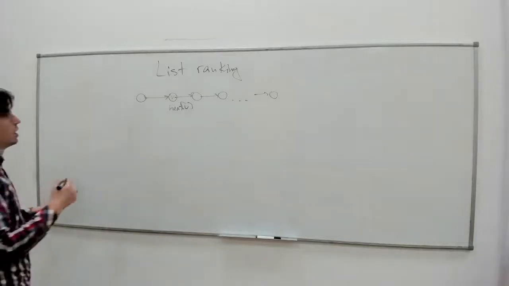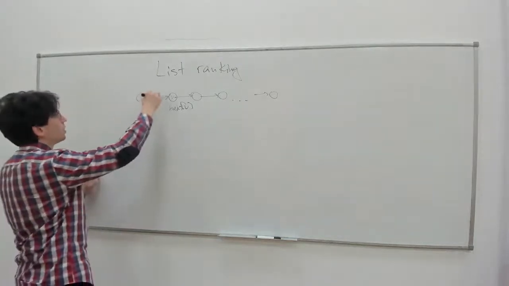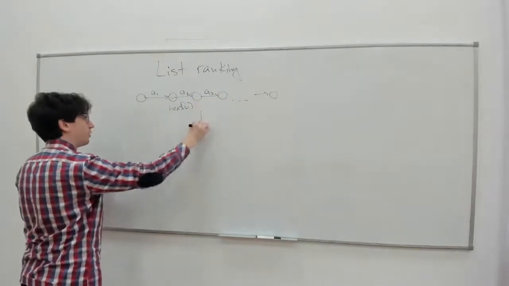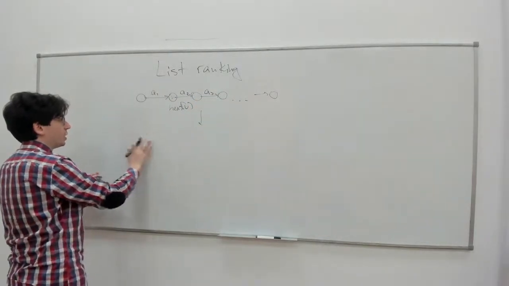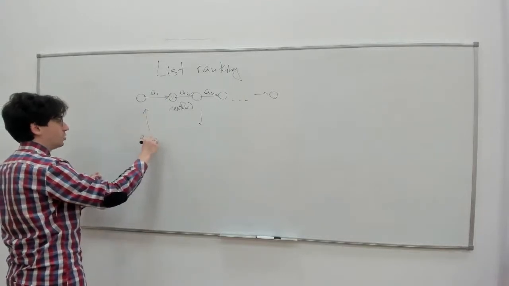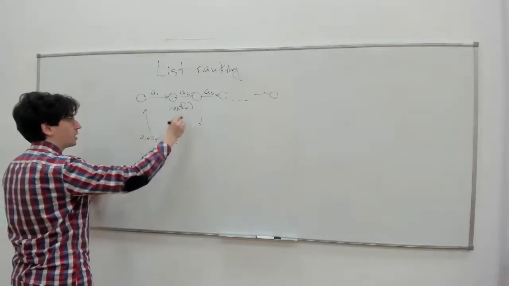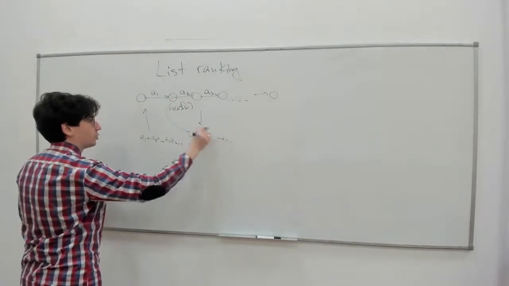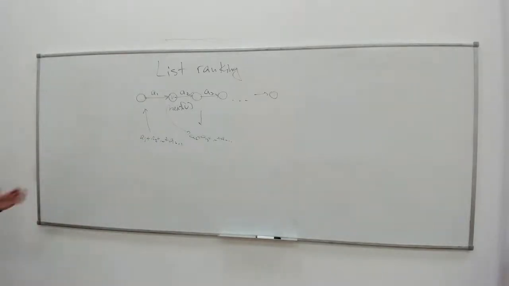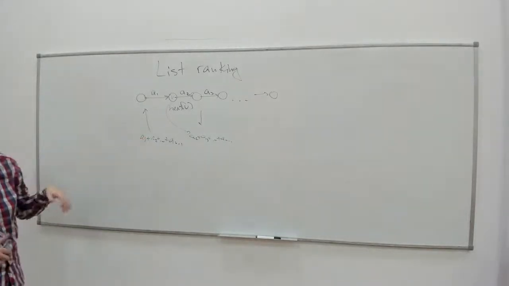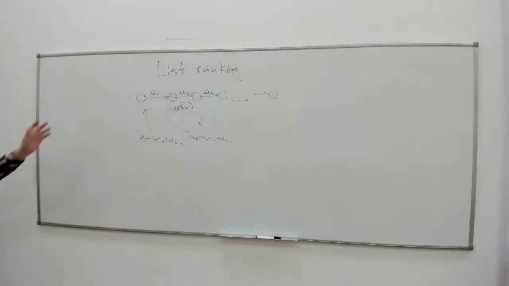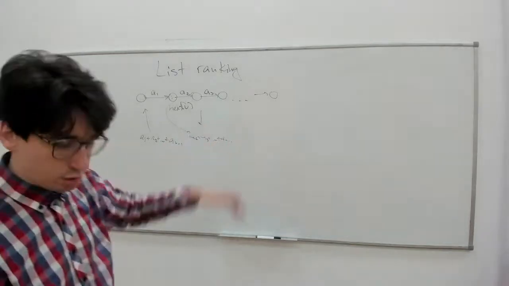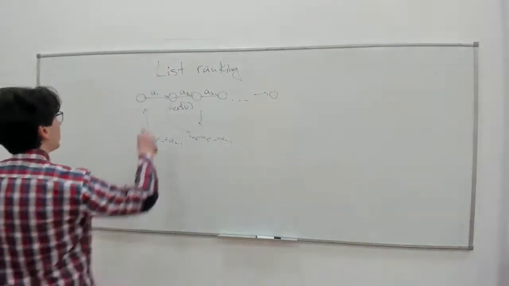Or, if you want, to calculate the prefix sums. After the operation, this node will have a1 plus a2 plus up to an minus 1. This one will have a2 plus a3 plus up to an minus 1, and so on. So we want to calculate suffix sums, but for the beginning we will calculate just when ai are 1. So we just calculate the distance to the end.